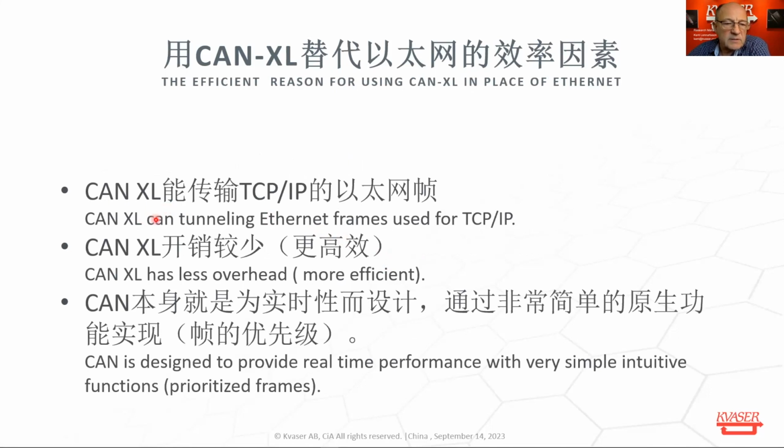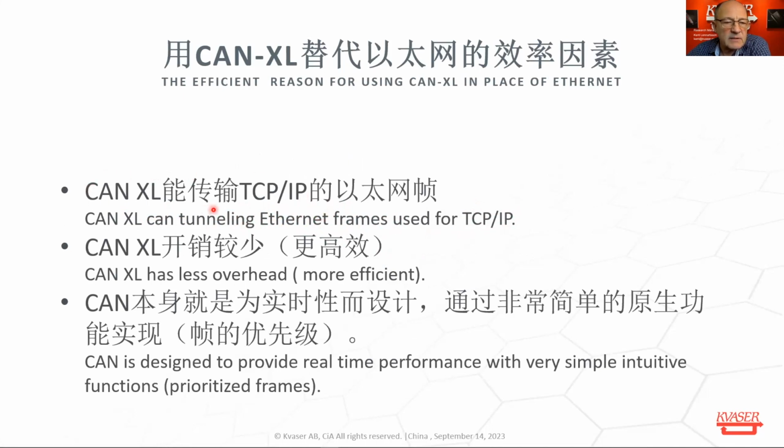The main reason CAN-XL was invented was to support TCP/IP in Ethernet in a simple way, and especially to send Ethernet frames without fragmentation. Of course, CAN-FD can send Ethernet frames, but if you have 1500 bytes, you have to chop them up into a number of 64-byte frames.